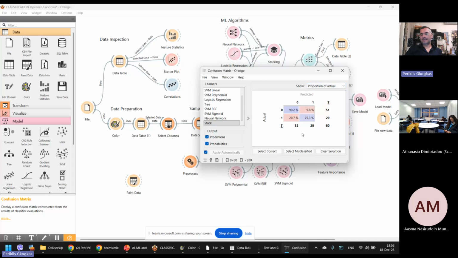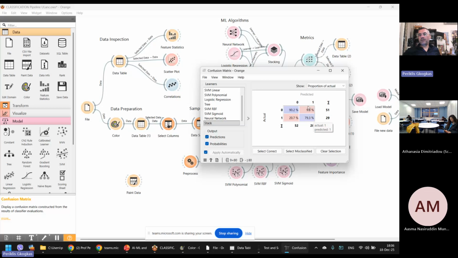Now you get percentages. You can interpret this as: 90.2% of the good customers were correctly classified, and 79.3% of bad customers were correctly classified.